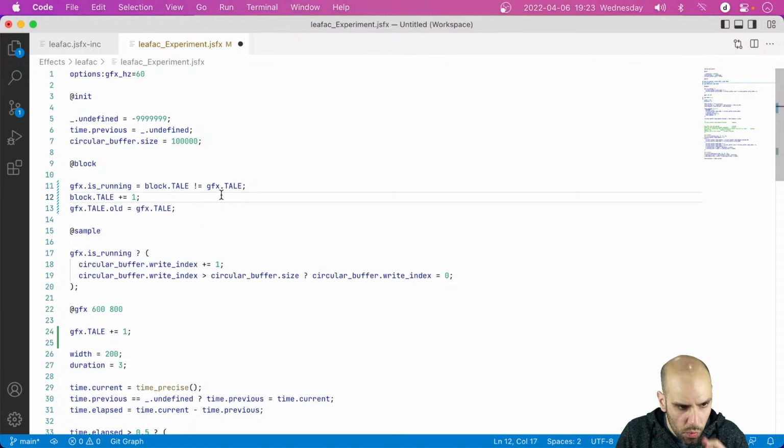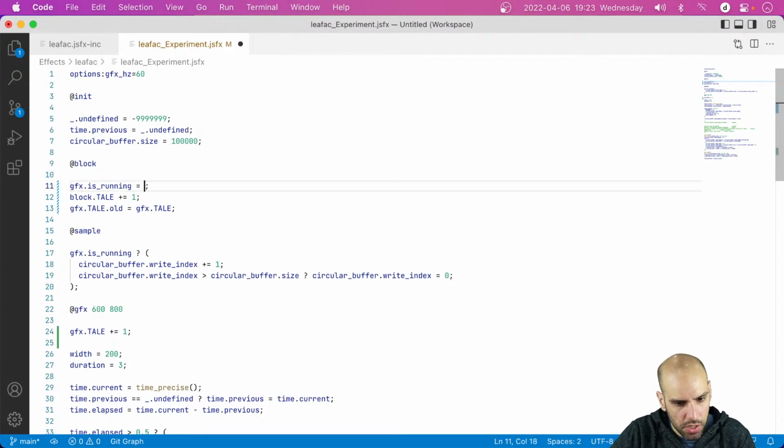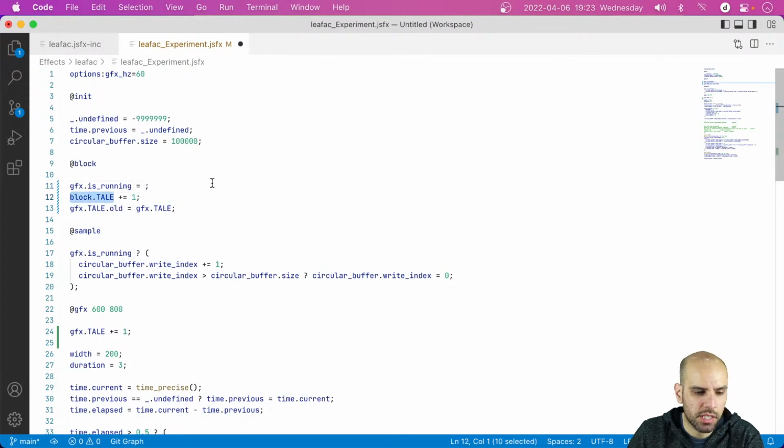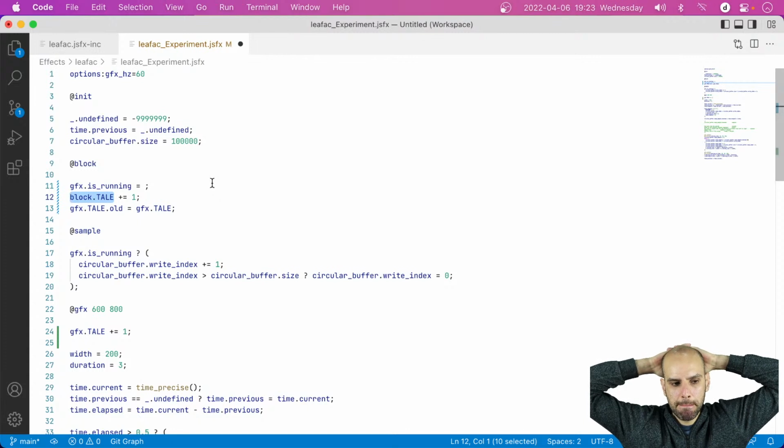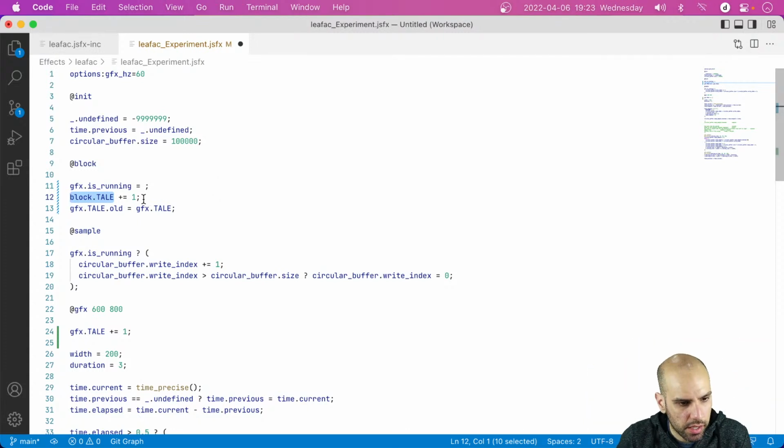Then how can it tell if the thing is running? I was kind of thinking of using the block tail variable as kind of a threshold to check. Yeah, I think that's what I will do.